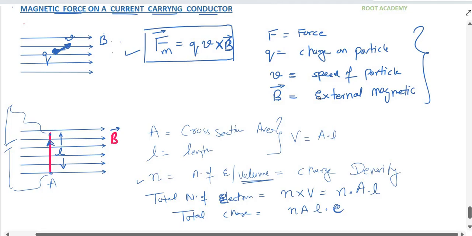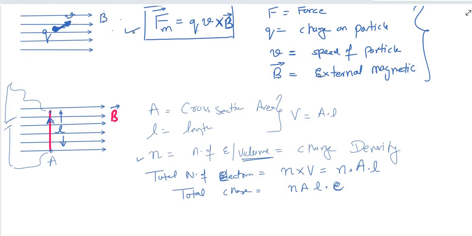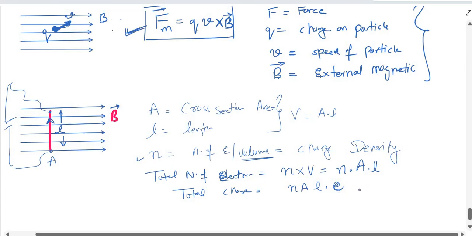So how much will be the total force experienced? The force experienced by a single charge is this. So by this many charges, the total force F net will be how much? Total number of particles nAL into e, right?